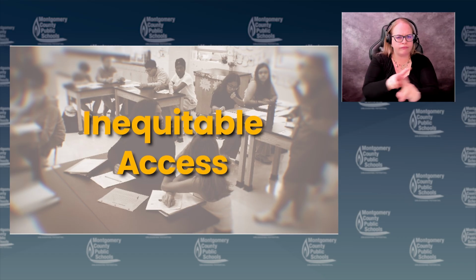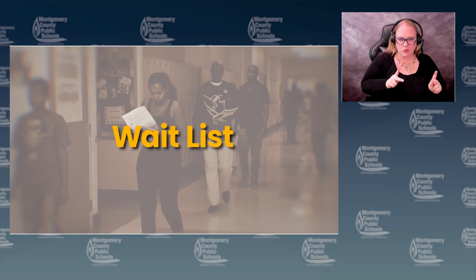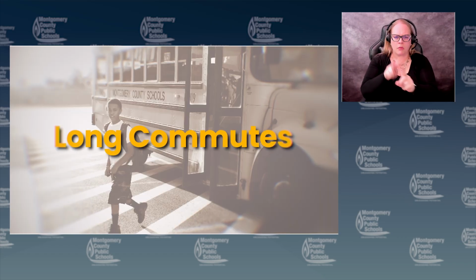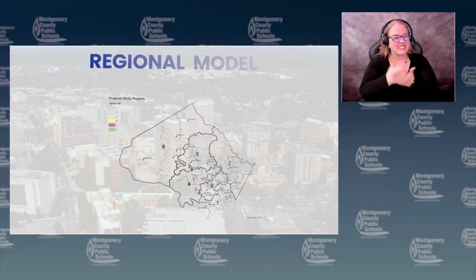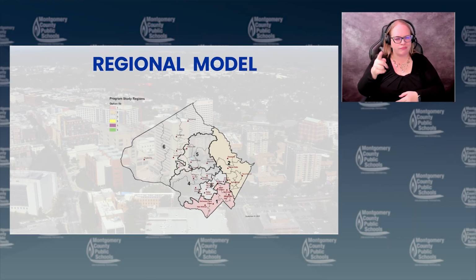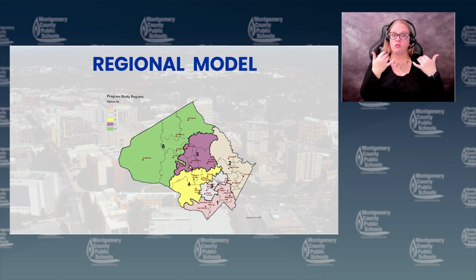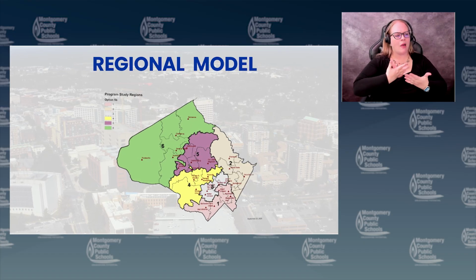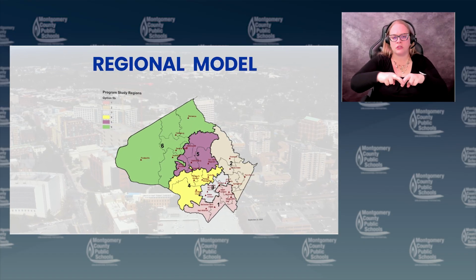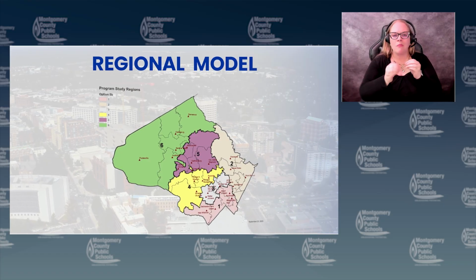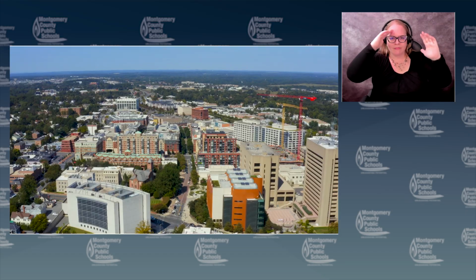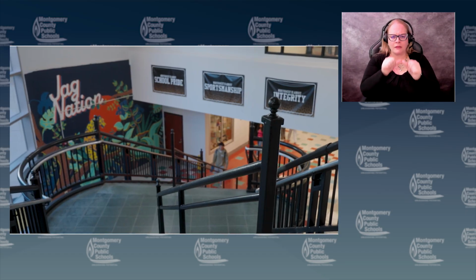Thousands of students apply every year, but too many end up on wait lists or face long commutes that make participation nearly impossible. We're fixing that. The analysis that's on the table right now is helping us to design a regional model that expands access, reduces travel, and adds additional seats to great programmatic opportunities, all while keeping rigor, quality, and consistency among our county's top priorities.